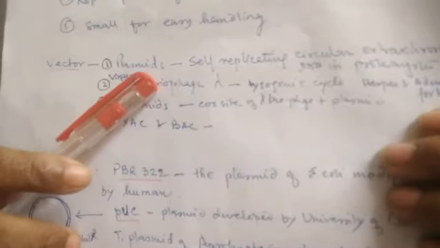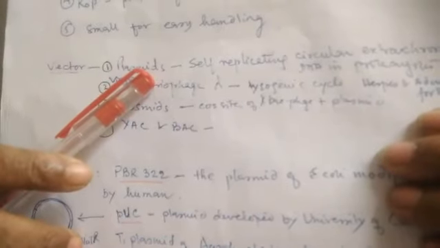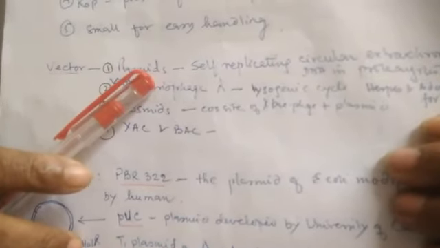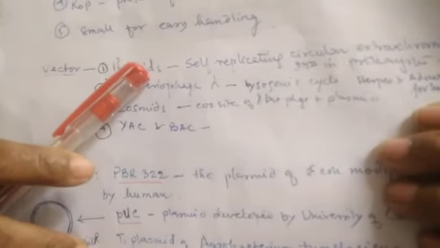So plasmids are widely used as vectors because they can replicate on their own, and can easily be taken up by the bacterial cell. And there are various types of plasmid like pBR322, then pUC, Ti plasmid. So various types of plasmids are used as cloning vectors.